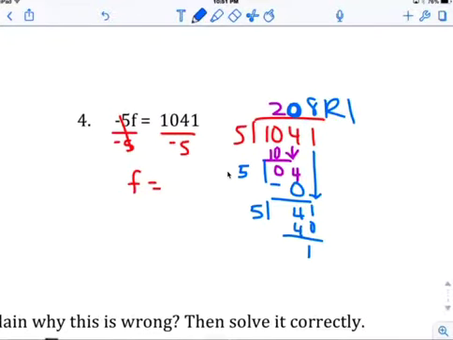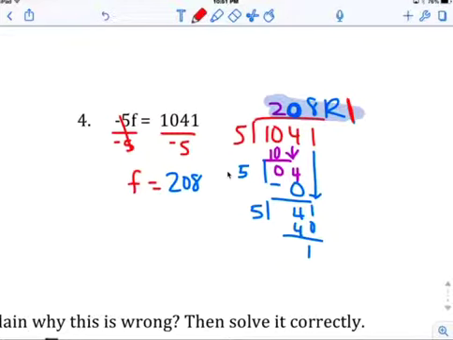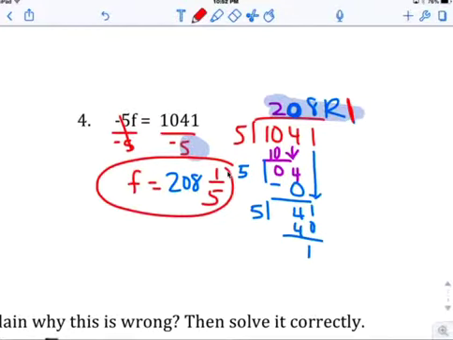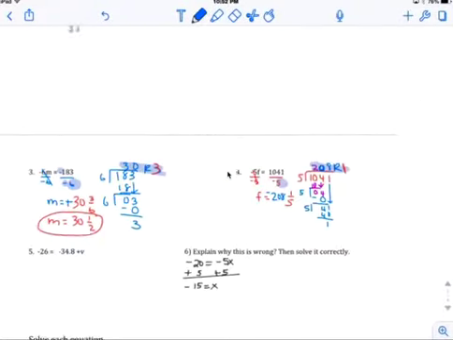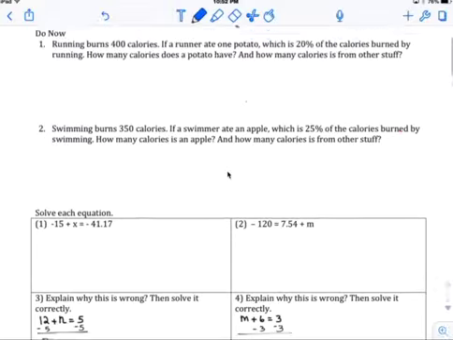Okay, so your answer is 208 with a remainder of 1 over this denominator of 5. Negative because there's only one negative. Don't forget that. I'm going to put this a different color so it doesn't look like part of the equal sign there.